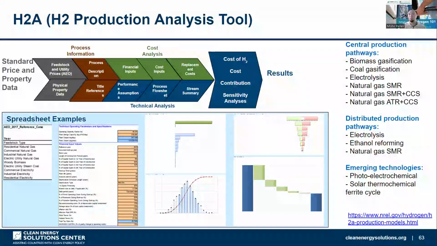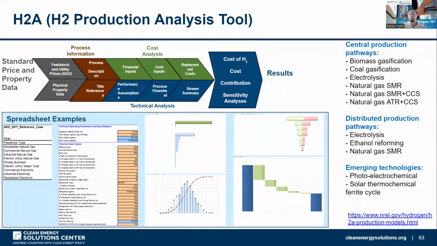So within the H2A model, we have a fairly detailed set of process analyses that cover central production as well as distributed hydrogen production. We have a number of pathways that are available. On the conventional side, we have coal gasification. There is a natural gas set of pathways with steam methane reforming with carbon capture and sequestration.